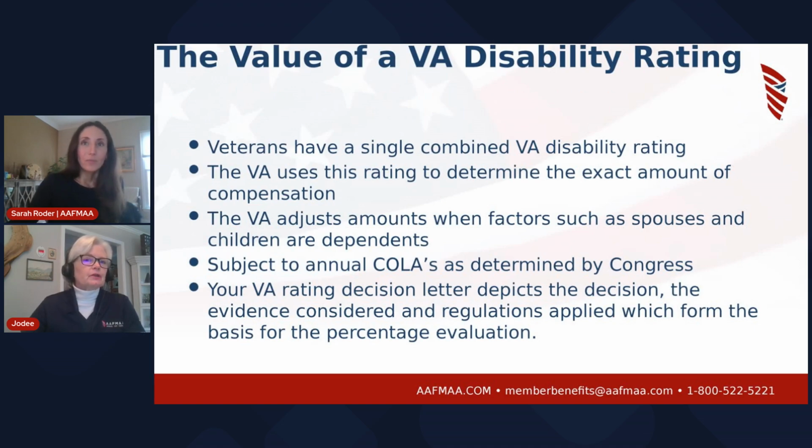Well, the value of a VA disability rating is, number one, the tax-free monthly compensation that it affords to the veteran. That is very important so that they can maintain their lifestyle, help pay for health care and needed things like that. Every veteran just has a single combined VA disability rating, and it is that percentage that determines the amount of compensation that the veteran receives every month.